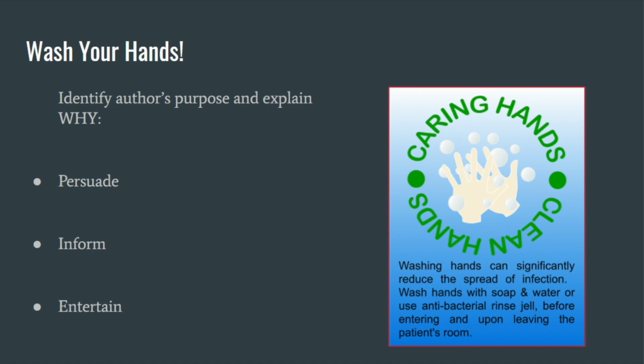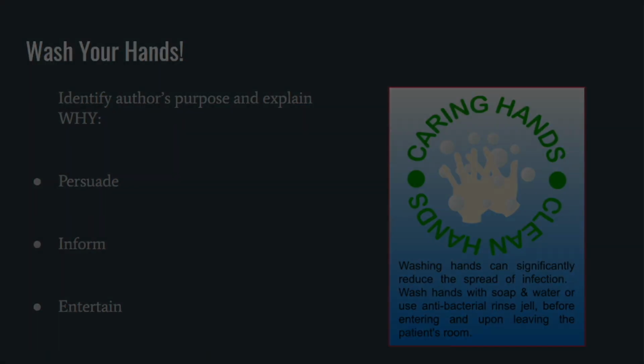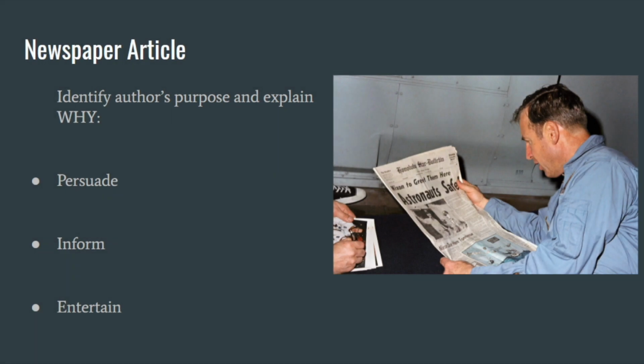This next one, we see a gentleman reading the newspaper, a story that appears to be about the astronauts returning safely home. Is this a story where we hear a fun tale of adventure, we hear information about the mission, or we're being told to do something?